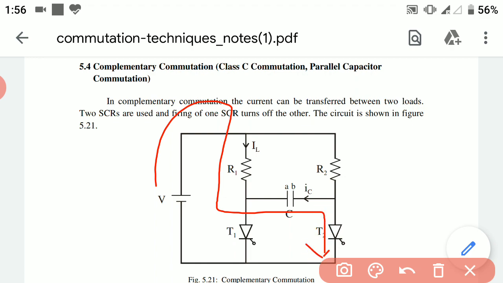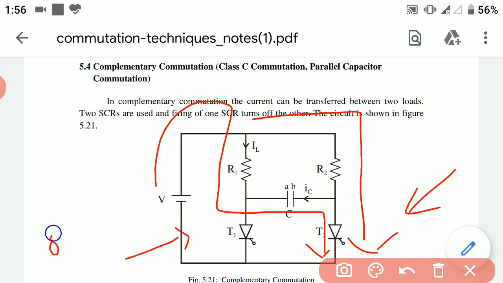The current also follows the path like this. So here we can see that first the thyristor T1 was conducting and T2 was non-conductive. Due to the polarities of capacitor C, now thyristor T2 starts conducting and T1 is off.